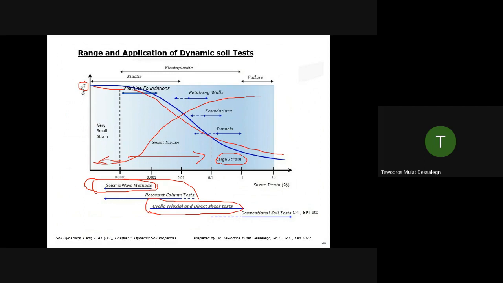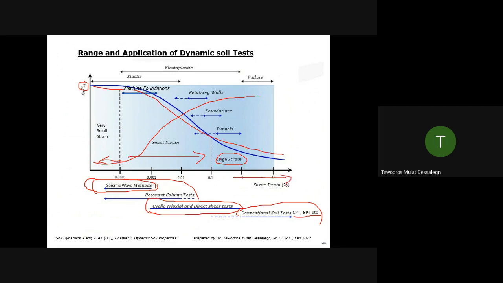When the slope slides, it's significant damage. Or when you are damaging and disturbing the in situ soil condition, doing CPT, SCPT, and standard penetration tests. We can still get the Gmax and the damping values, but using correlations. Conventional tests like CPT and SCPT provide large strain values.